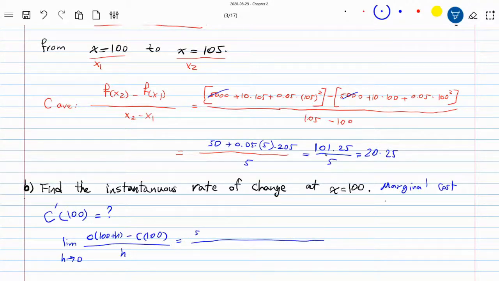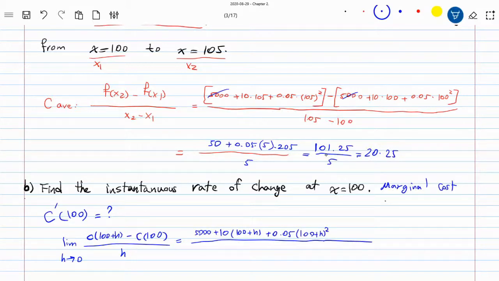You'll get 5,000 plus 10 times 100 plus h, plus 0.05 times 100 plus h squared.